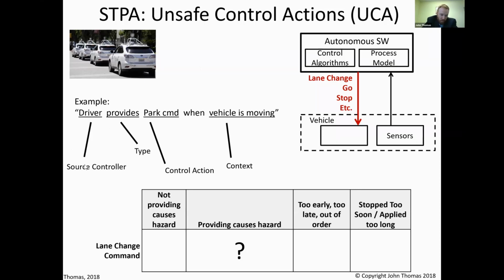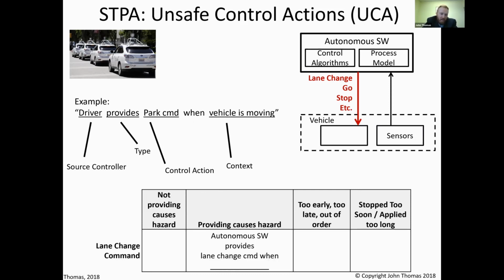Now, notice when you're coming up with an unsafe control action, there are 4 ingredients. We always want to think about the source controller. So if we're being super formal here and trying to be very precise, we would say autonomous software, that's the first word, provides, that's the column we're looking at, the lane change command, and then we would say when, and all the things you're giving me are the context here.